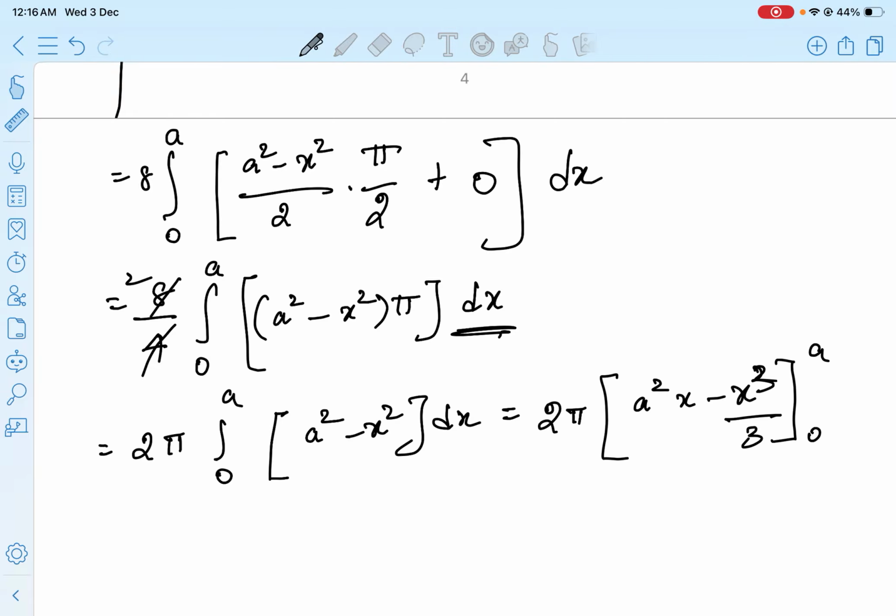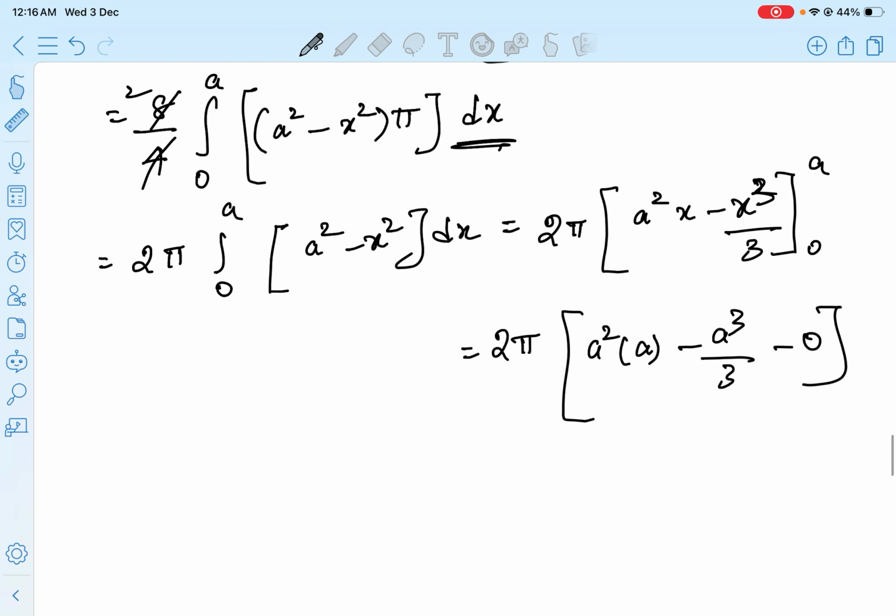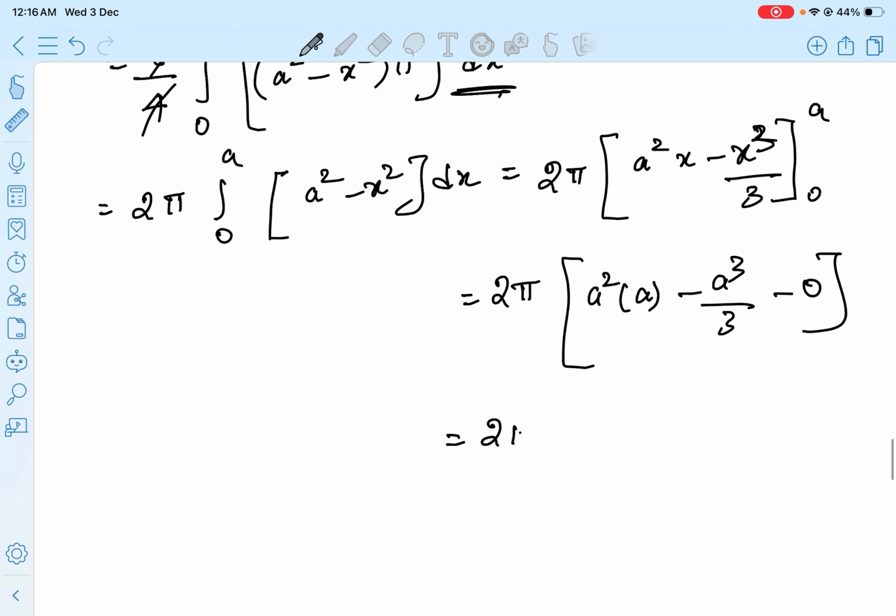So for x we have to substitute. So 2 pi, a square into a minus a cube by 3 minus 0, equal to 2 pi, a cube minus a cube by 3.